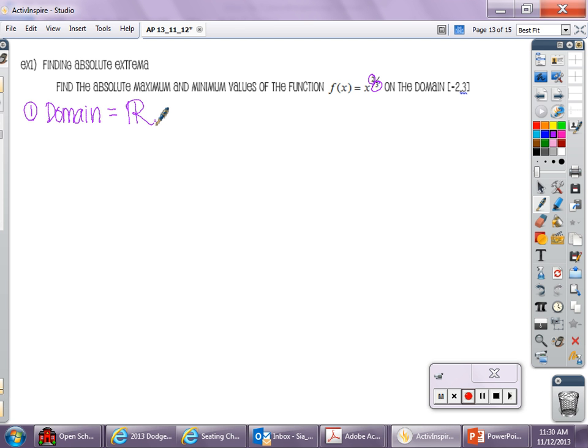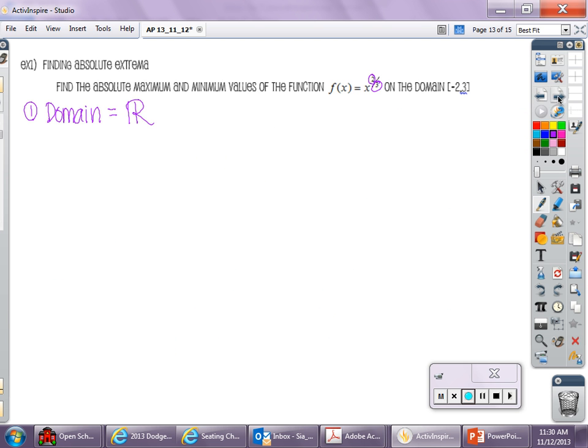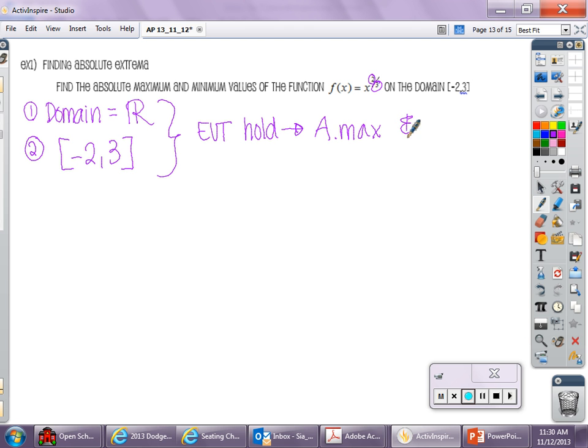Do you remember a second ago? Odd roots are okay? Because even roots are the ones that have the issues. Odd roots are fine. All right, so domain is all real numbers. There's no discontinuity is what that means. And then we already have endpoints of negative 2 to 3. So what does this tell me? EVT holds, which was why I can ask you for the 2 things I asked you for, absolute max and absolute min. Get into good habits. These are good habits to have.